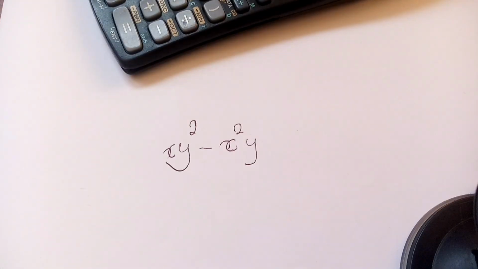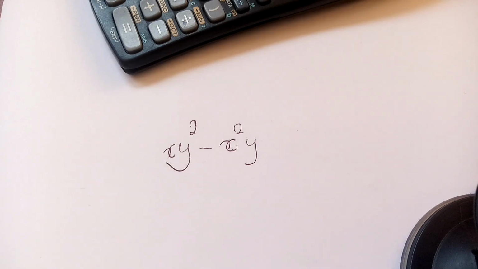Under factorization of common factors, this is a type of factorization which involves identifying common factors to one or more terms in a given expression. For example, if we have a term such as xy squared minus x squared y, and we are told to factorize this term, we have to find the common factors between the two terms.